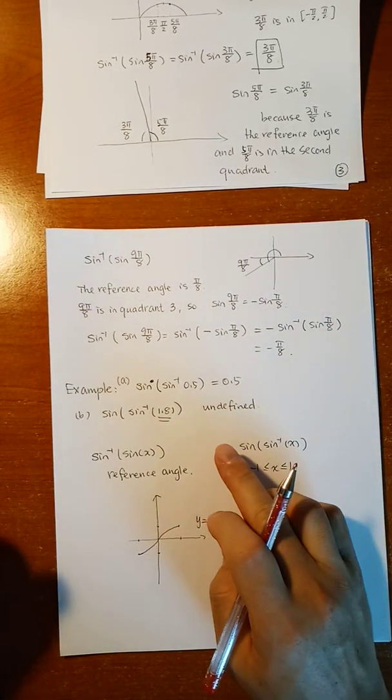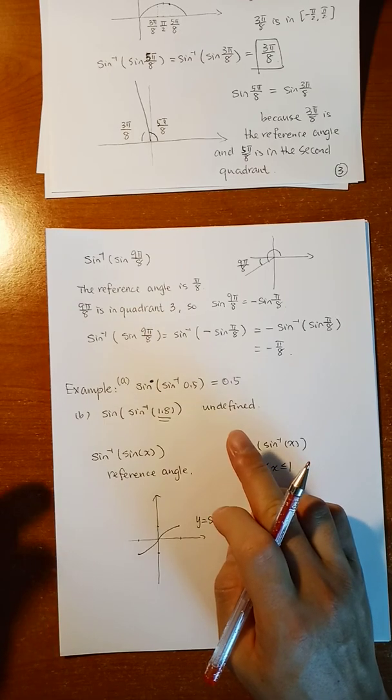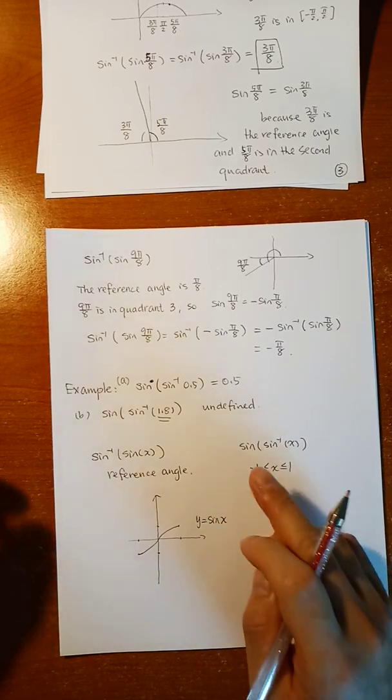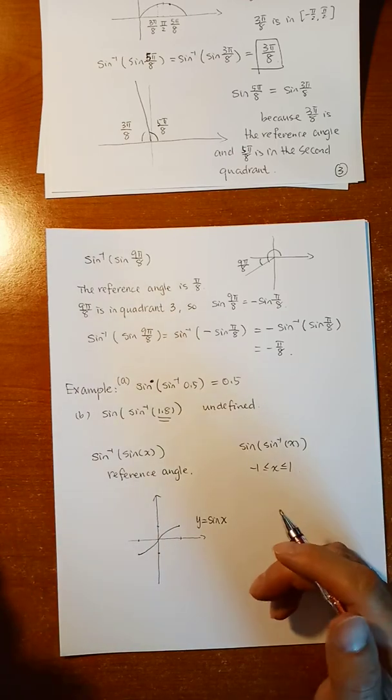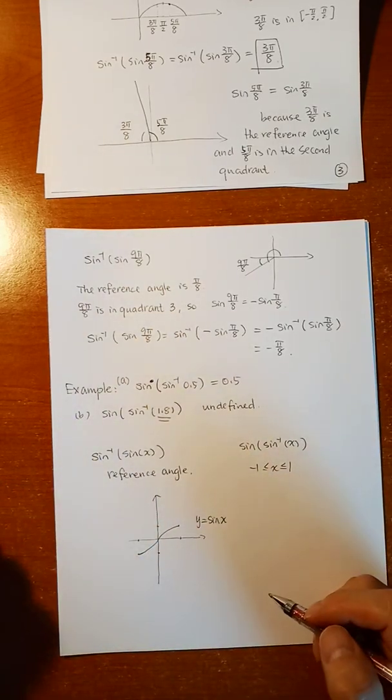Remember, the graphs of an inverse function and the original function are symmetric about the line y equal to x.